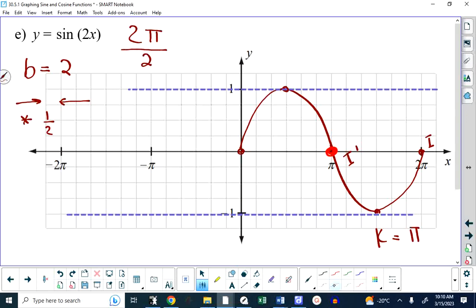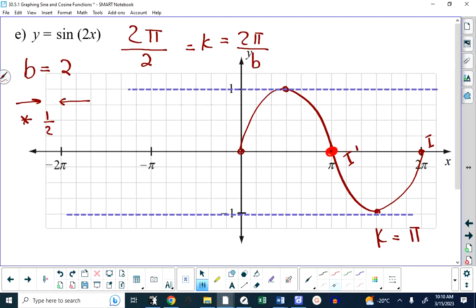This is the point I want to make, that the period is always going to be 2 pi over b. So you don't need to think of stretches. Okay, we're going to use this idea again and again, and I'm going to slowly start weeding out the concept of stretches and just talking about 2 pi over b.